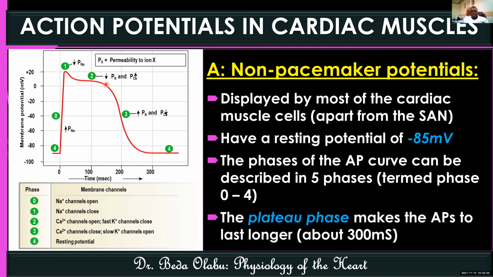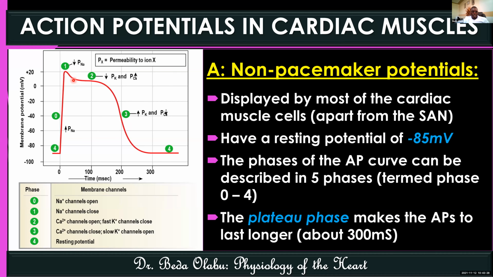Remember, in neurons, about 2 to 4 milliseconds, that's the duration of an action potential. In cardiac muscles, 1 to 2 milliseconds is the duration of an action potential. In non-pacemaker cardiac muscle, it can reach 300 milliseconds. Those are several times longer than if you compare with what we see in neurons and skeletal muscles.